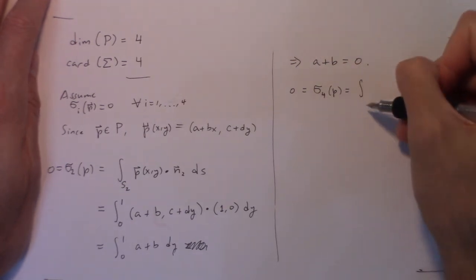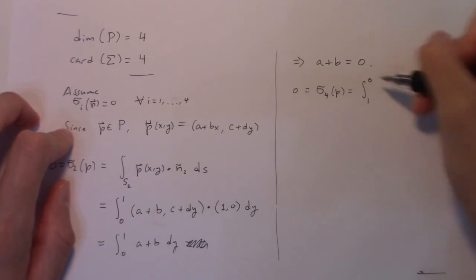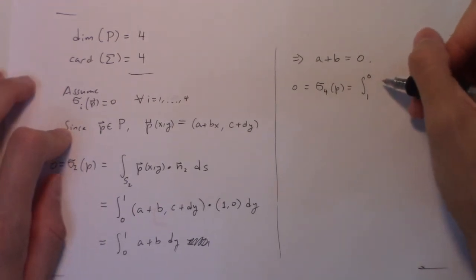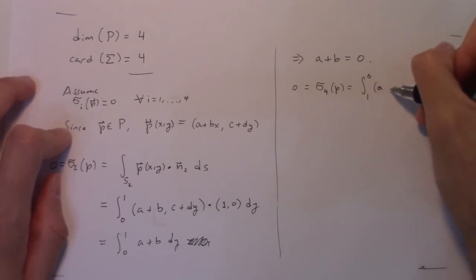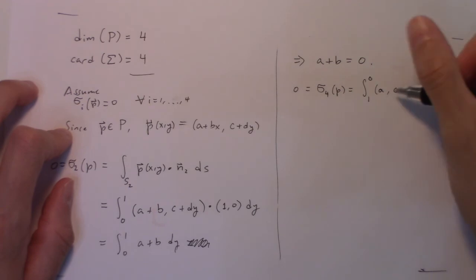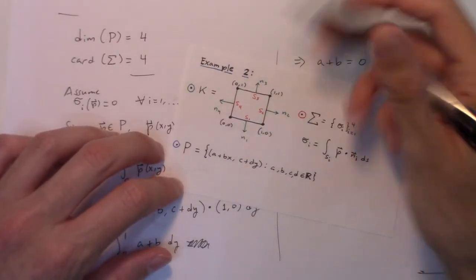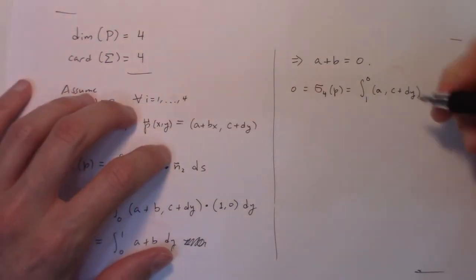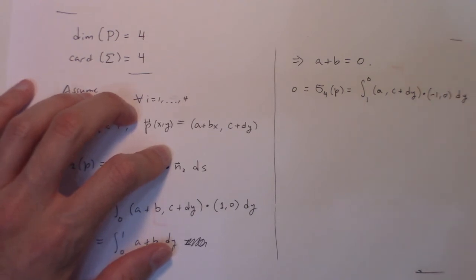That's equal to the integral from 1 to 0 of a, comma, c plus dy, since we are at x equals 0, integrating across x equals 0, dotted with the normal vector, which is minus 1, 0, and then dy.